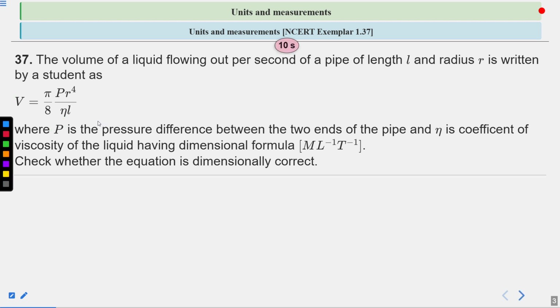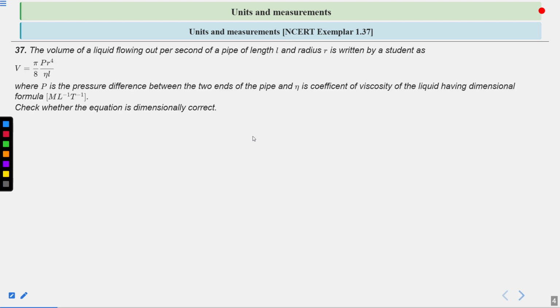Think about it. Solution, thinking process.